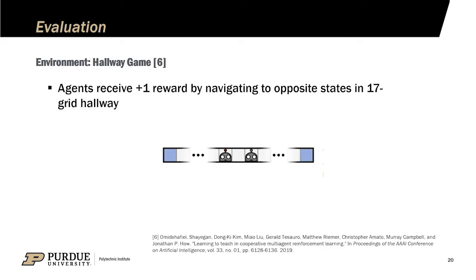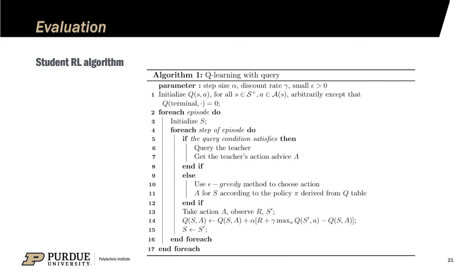Here's our evaluation. We choose the hallway game as our evaluation environment, where agents receive +1 reward by navigating to the opposite states in a 17-grid hallway. For the student's reinforcement learning algorithm, we choose the Q-learning algorithm with the epsilon-greedy method.